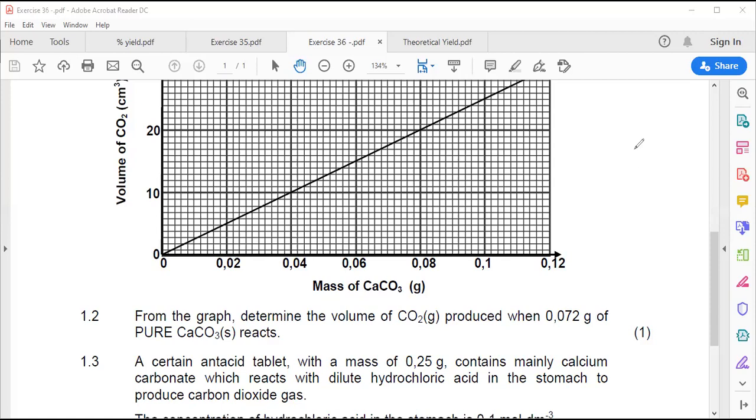You're going to have to divide 0,02 by 10. What do you get? You get 0,002.